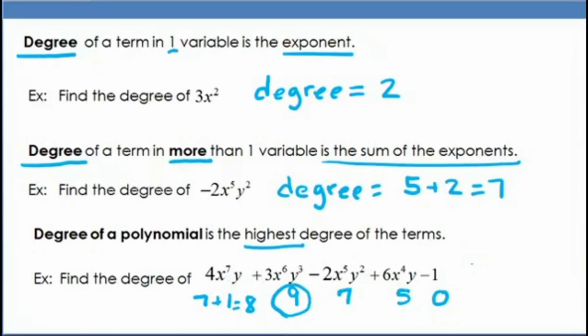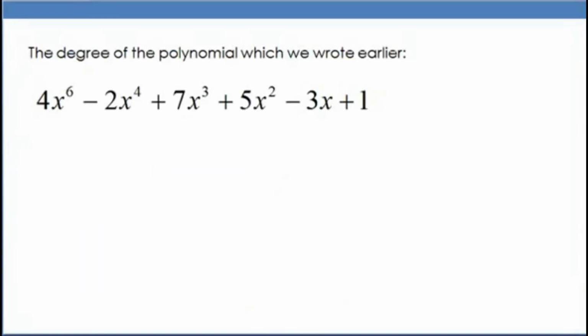This will be a degree 9 polynomial. If we look at a polynomial that only has one kind of variable and which is in descending order, you will be able to take your degree from your first term because that will be the highest exponent. So this polynomial we wrote earlier is going to be a degree 6 polynomial.